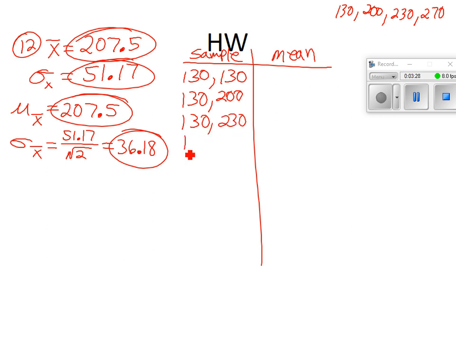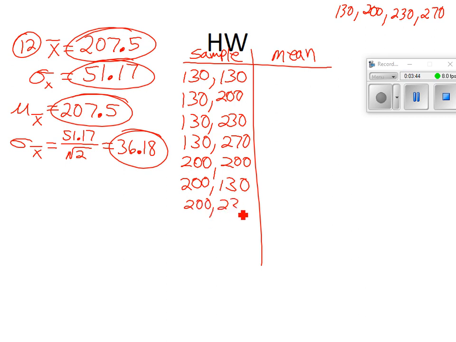A 130 and a 270. Then I could pick a 200 and a 200. A 200 and a 130. A 200 and a 230. A 200 and a 270. Don't need to go any farther.